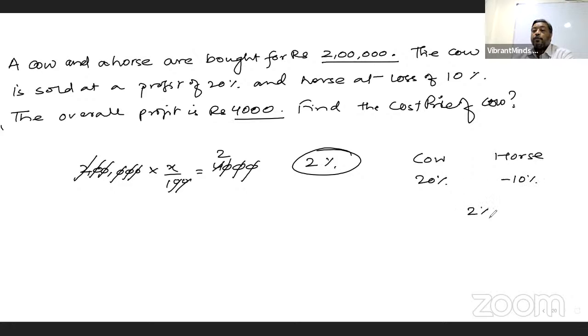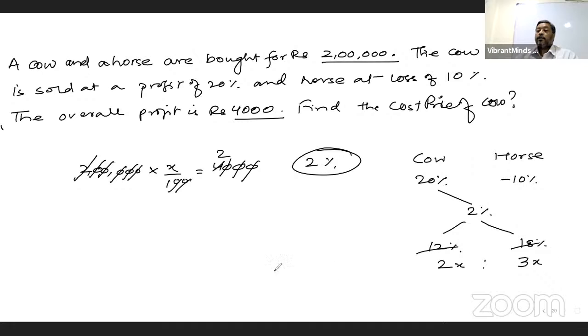Overall profit is 2%. So 20 minus 2 is 18%. And 2 minus minus 10 is 12%. So the cow and horse should ideally cost in the ratio 2:3.